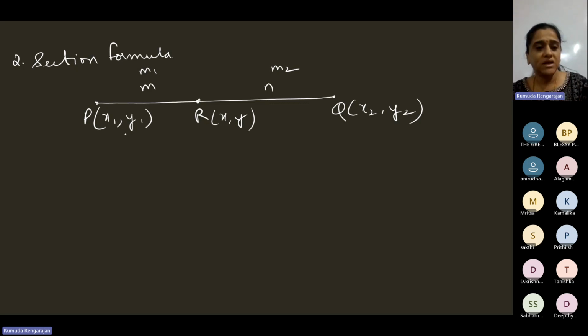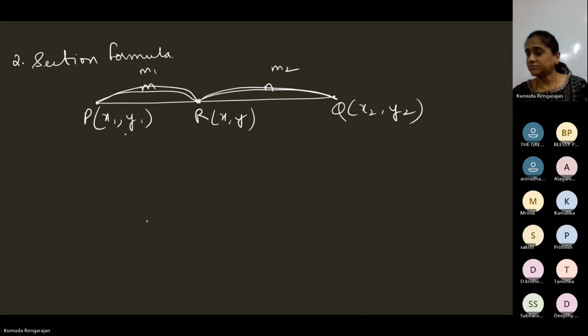That means PR is m parts and RQ is n parts, or PR is m1 parts and RQ is m2 parts. The ratio is always PR, RQ, in that order, or it will be specified in the question.